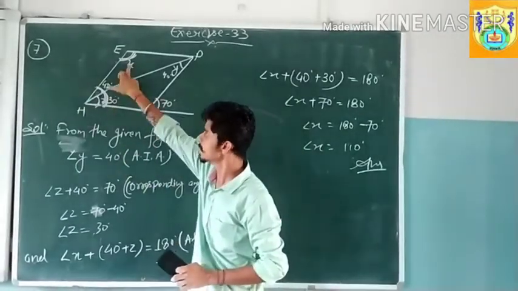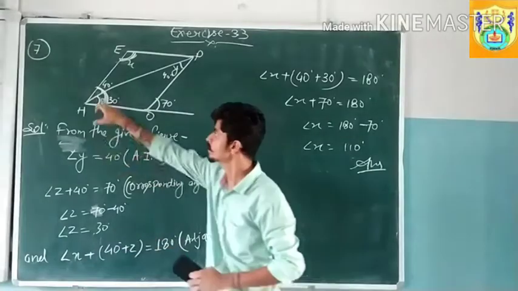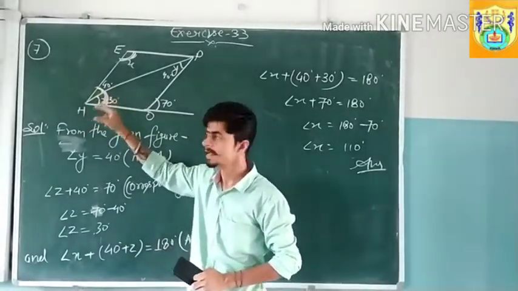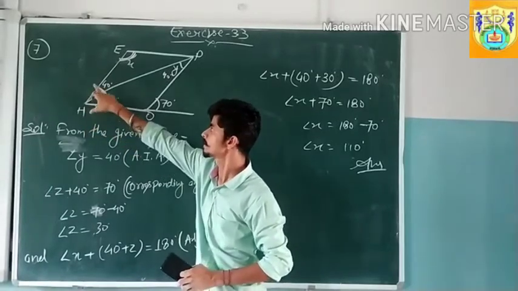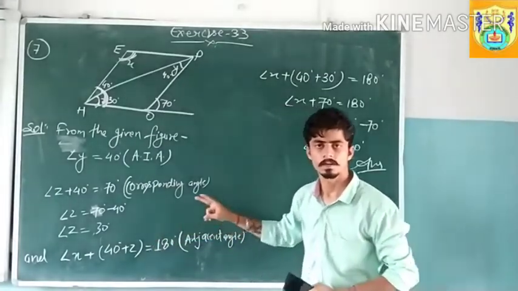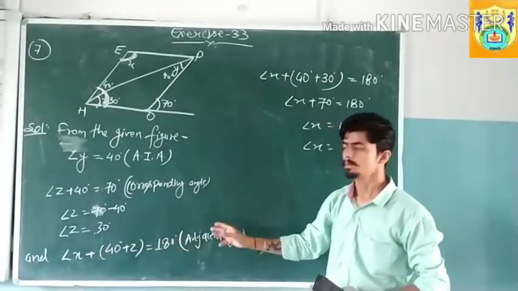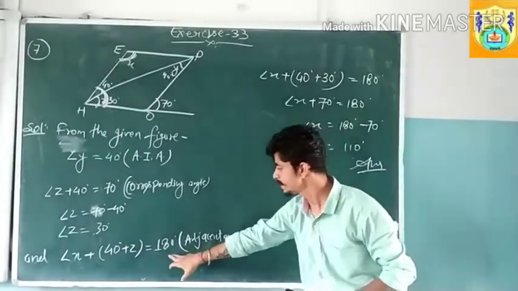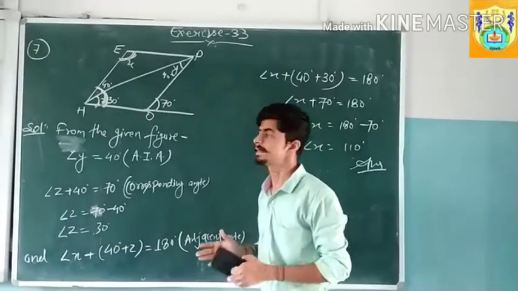So first angle is x here, plus second angle which is 40 plus z. The combination of both these small angles will become a bigger angle, which you can see here. So 40 plus z is a combination of an angle, and the second one is angle x. The sum of both these angles will be 180 degrees because these are adjacent angles, and adjacent angles are supplementary.